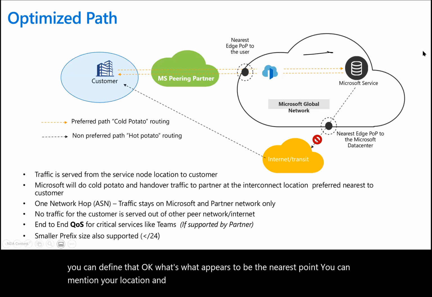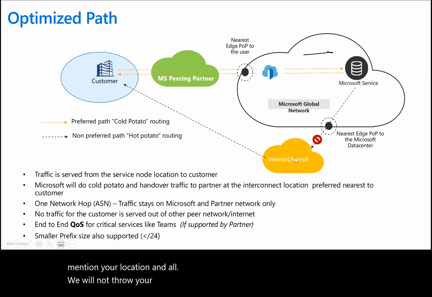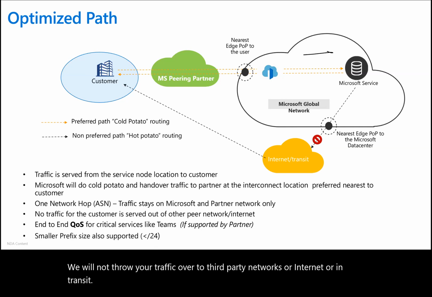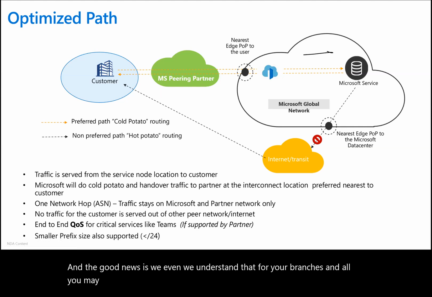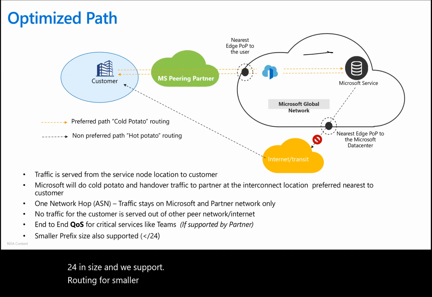We will not throw your traffic over to third-party networks or internet or in transit. And the good news is we understand that for your branches and all, you may have smaller prefixes. When I say smaller, basically smaller than /24 in size, and we support routing for smaller prefixes also, which on a public internet is not supported in general.